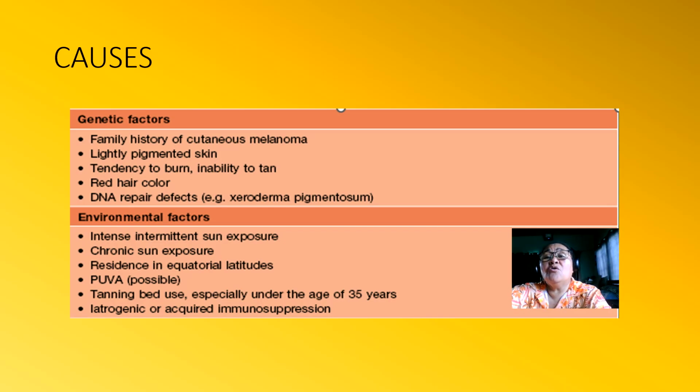Because melanoma results from both inherited susceptibility and environmental exposure, understanding these risk factors is essential for prevention, early detection, and timely treatment.